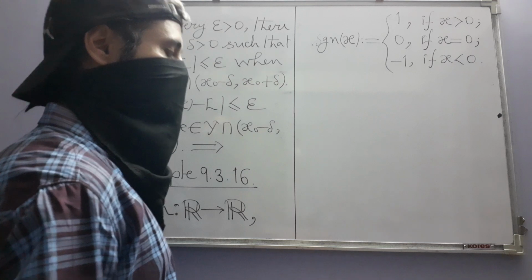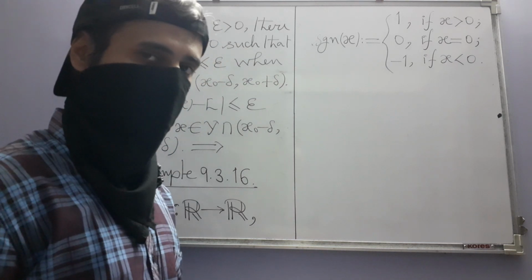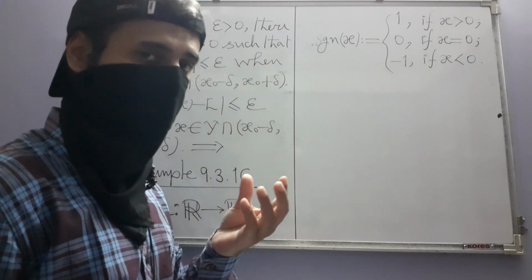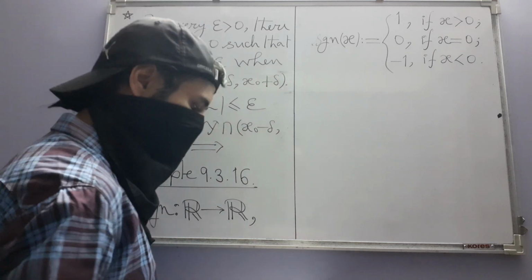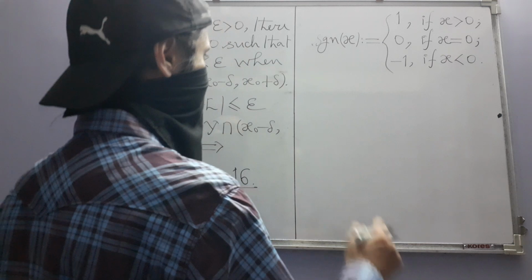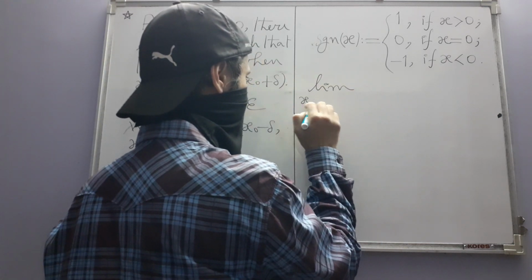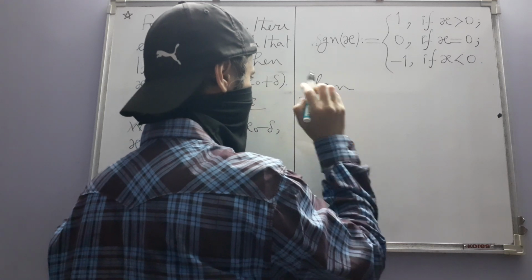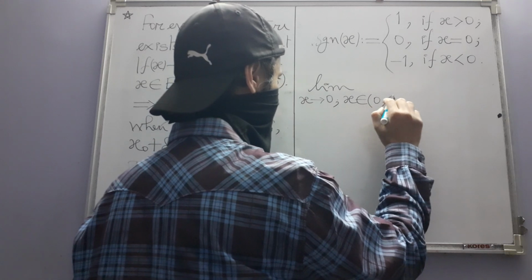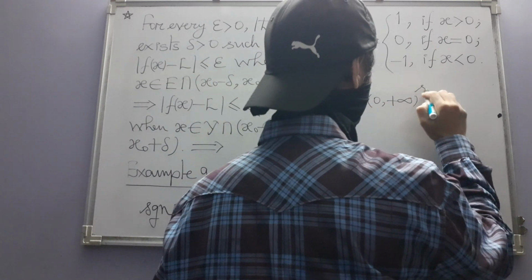Now the question is this: there are 3 limits that we will consider, depending on that set E that we are going to change. One of those limits is this: x approaching 0, x belonging to the set of positive real numbers.